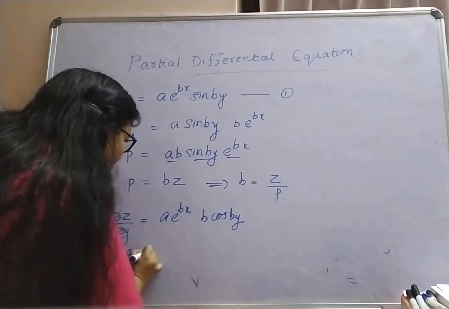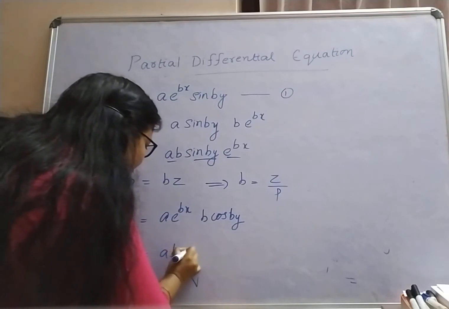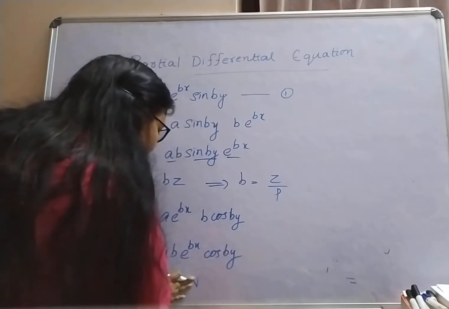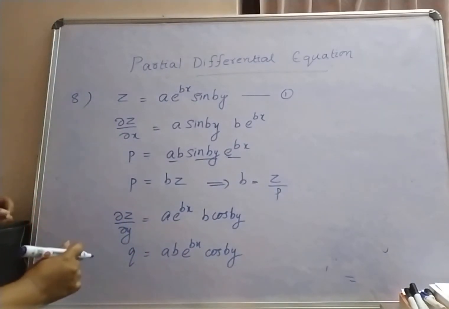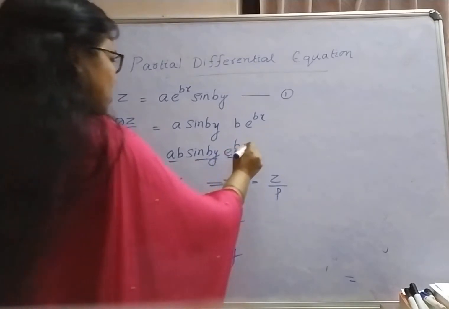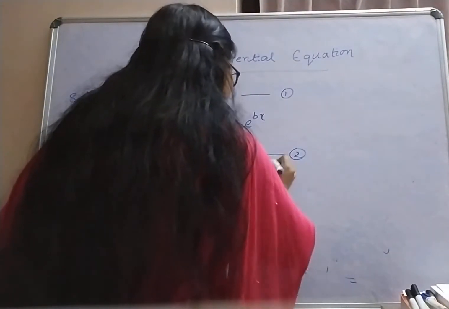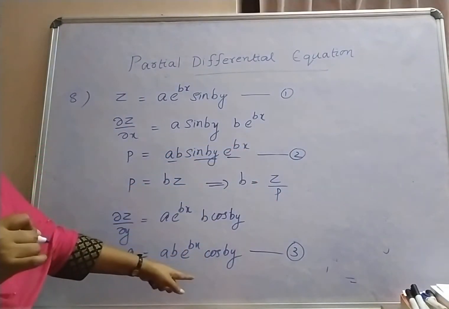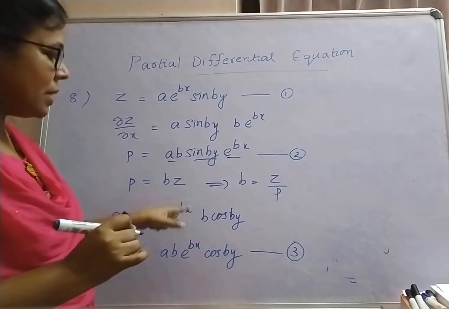That is q equal to ab e raised to bx cos by. Put the p equation as equation number 2 and this as equation number 3. From 2 and 3, we have to eliminate the arbitrary constants a and b.